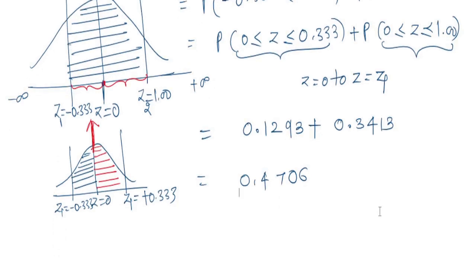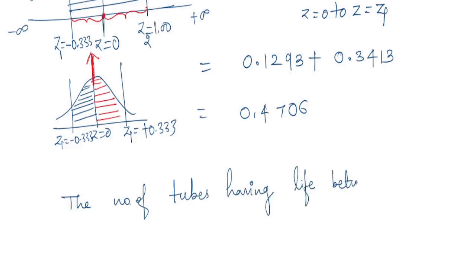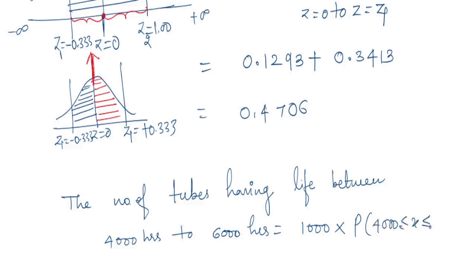We have to find how many such tubes there are out of the 1000 sample. So the number of tubes having life between 4000 hours and 6000 hours is the total number of samples, that is n, multiplied by the probability of 4000 less than or equal to x less than or equal to 6000.